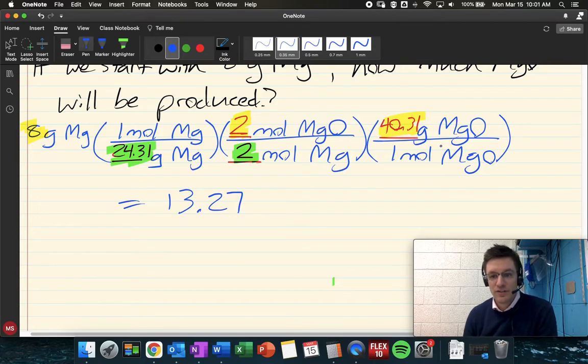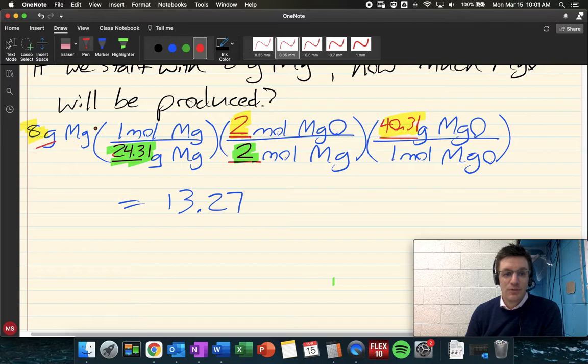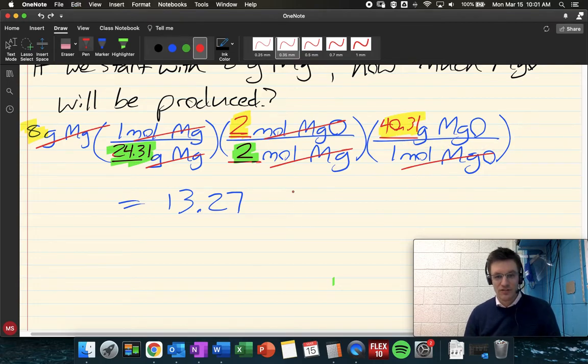And we were trying to figure out how much magnesium oxide is produced. Remember, these are going to cancel. Grams magnesium cancels grams magnesium. Moles magnesium cancels moles magnesium. Moles MgO cancels moles MgO, and we're left with grams MgO as our final unit. So that's what I write here, and that is our answer.